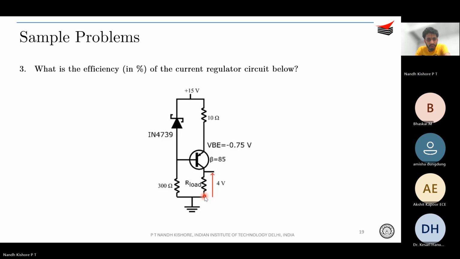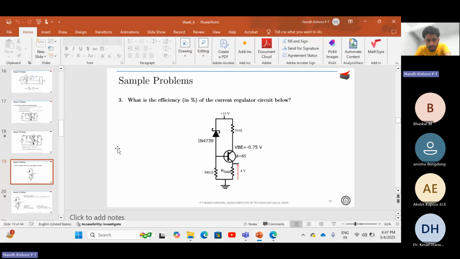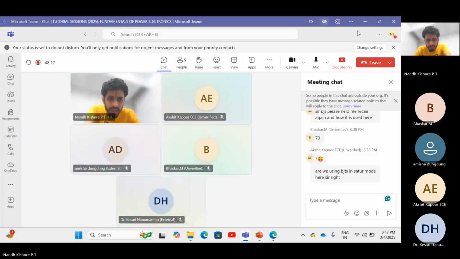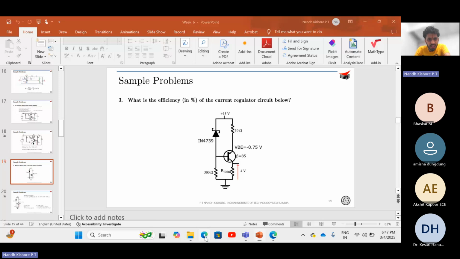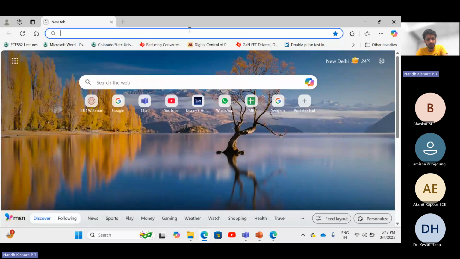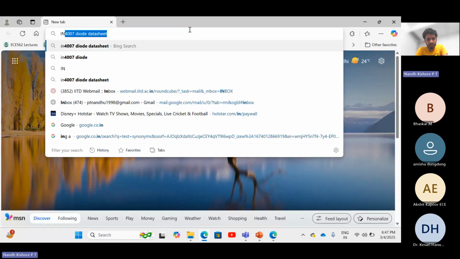Okay, fine. So one thing is we need to find out about this IN4739 diode, right? They have just mentioned the diode part number. We need to go to its data sheet and find out what is IN4739. So let me go to the internet and search IN4739.